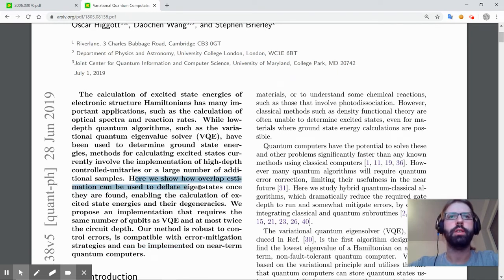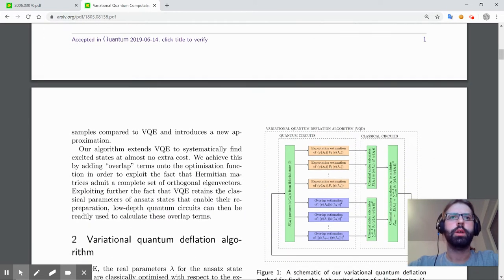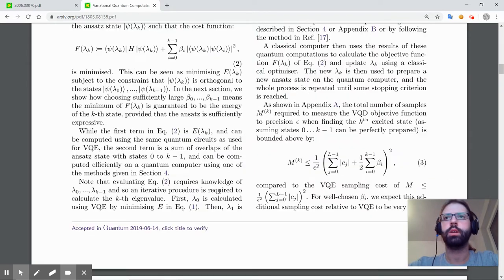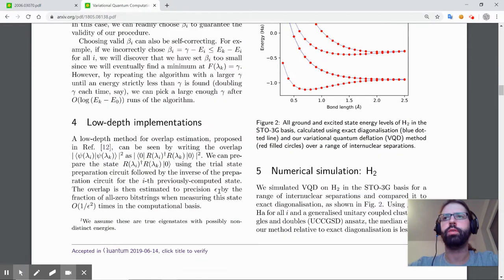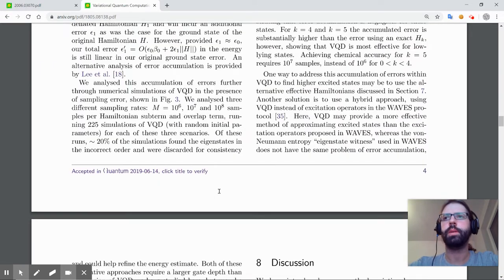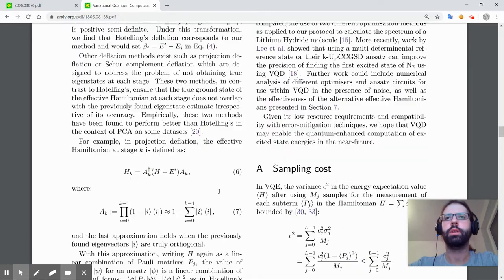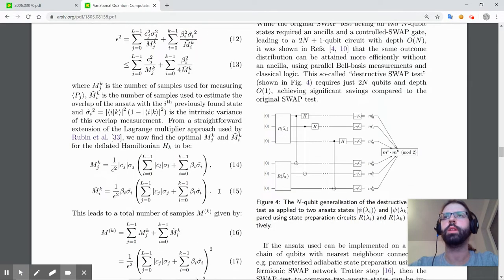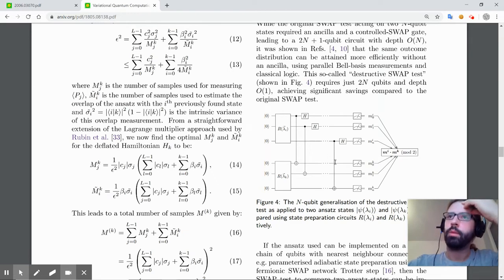Overlap estimation used to deflate eigenstates. Okay. So there's the algorithm in here, and then there's some mathematical proof and detailings. Error accumulation, discussion, sampling cost, destructive swap test, and that's the overlap test. The Hadamard overlap test.